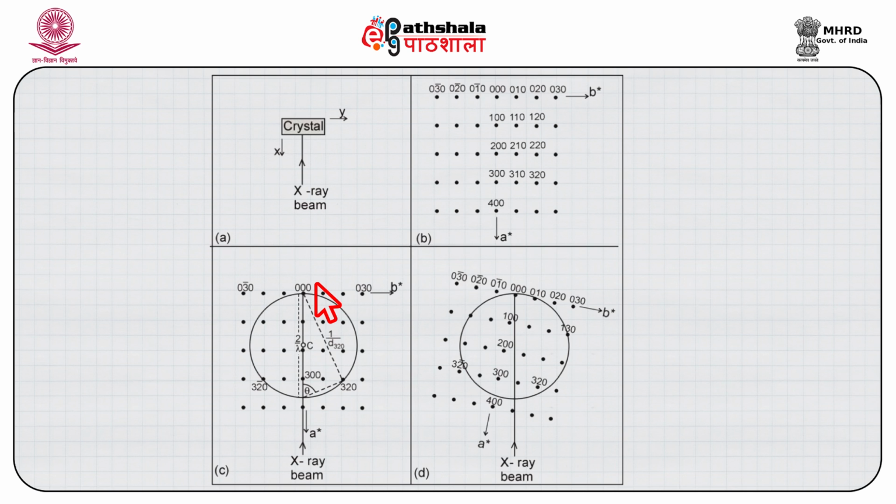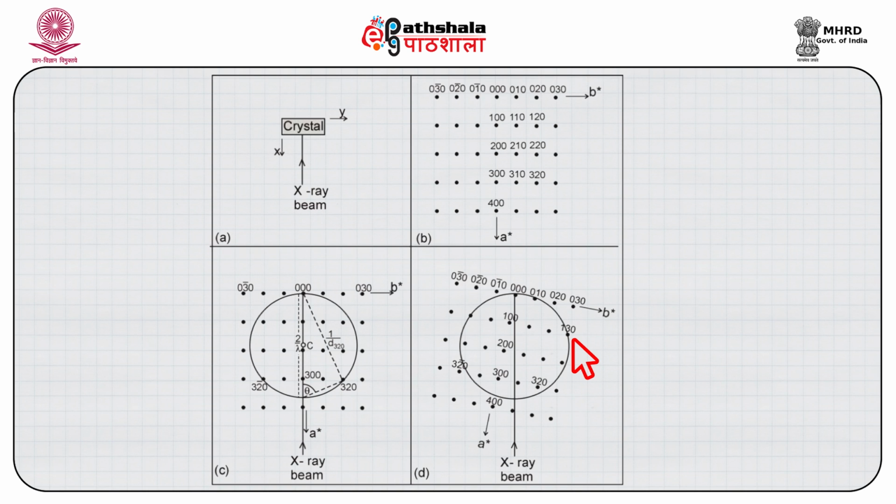plane, the 320 plane is intersecting with reference to 000 or origin in this reciprocal lattice. Now, we tilt the detector by an angle of 10 degrees, and as we tilt some other points intersect. For example, point bar 130 now intersects the circle, and that means that now the Bragg equation is being satisfied for this plane, and we will be recording the X-ray peak for this plane.